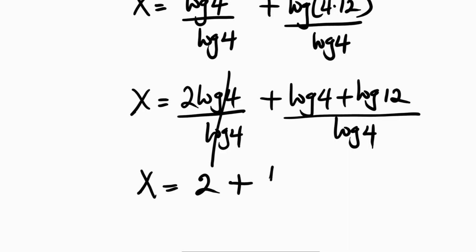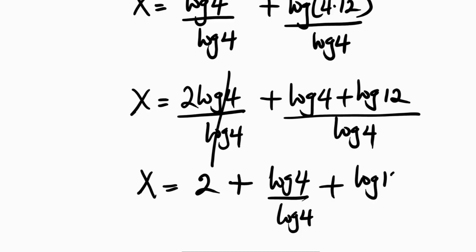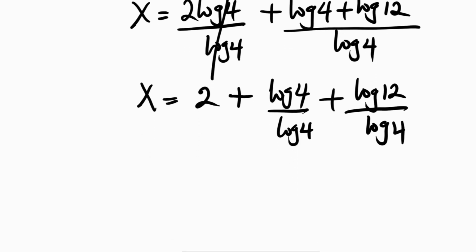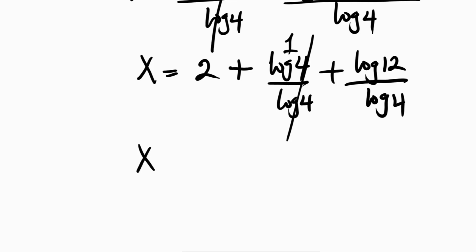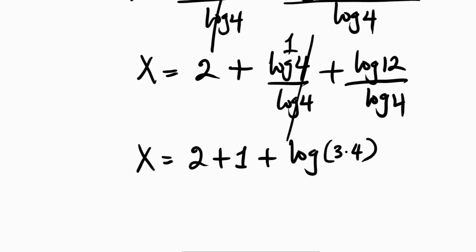And then it becomes log 4 divided by log 4 plus log 12 divided by log 4. Log 4's cancel out, and that becomes 1. So we have now that our x is equal to 2 plus 1 plus log of 12, which is 4 times 3, okay, divided by log of 4.